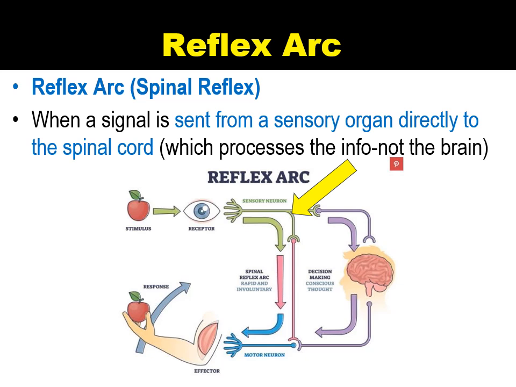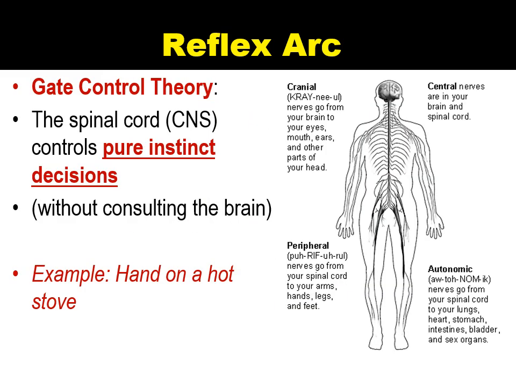This example is showing an apple. An apple's not like a serious crisis, but it could be a crisis. And you've got to move faster than the brain can process. So that's what reflex arc is there to protect us. Another example of reflex arc is the gate control theory. Now, this exists in the spinal cord.